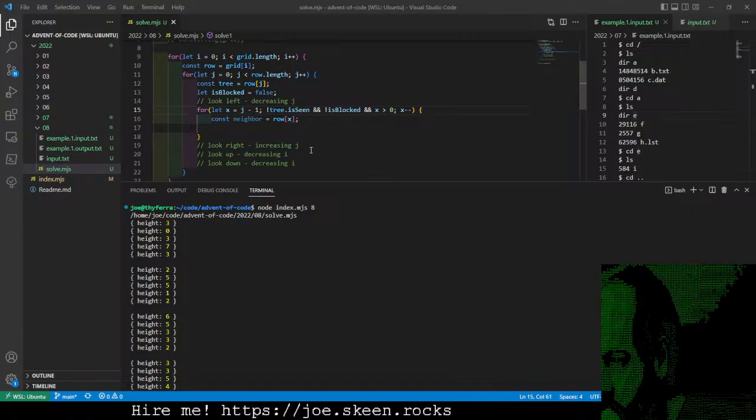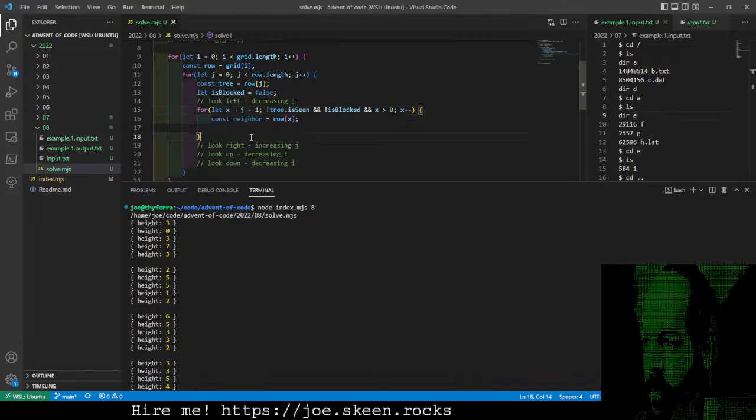If we get through the entire direction and haven't had anything block it, then we set is seen to true.